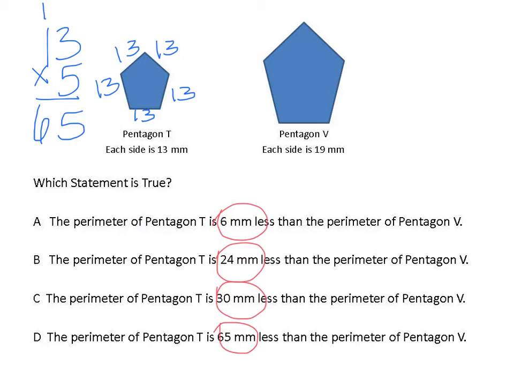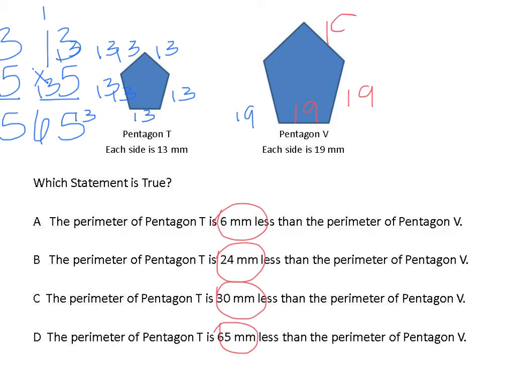Now let's calculate the perimeter of pentagon V. Each side is 19. So we're going to go ahead and do 19 and multiply that by 5, because I have 5 sides of 19.